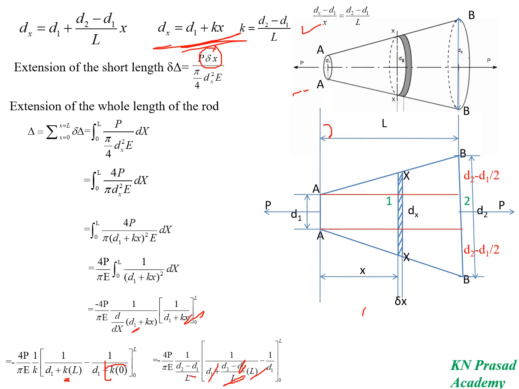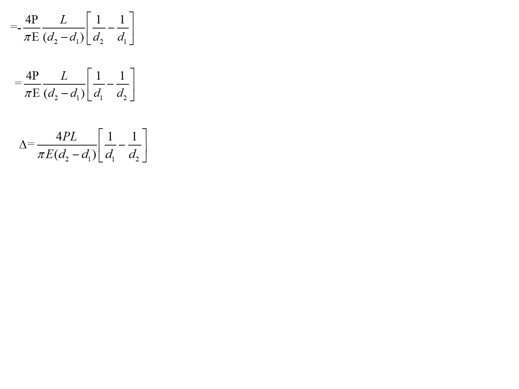So here we get L, then 4PL by pi E times (d2 minus d1). Here again d1 and d1 will be cancelled, then 1 by d2 minus 1 by d1. So this equation will become minus 4P by pi E, L by d2 minus d1 into 1 by d2 minus 1 by d1.